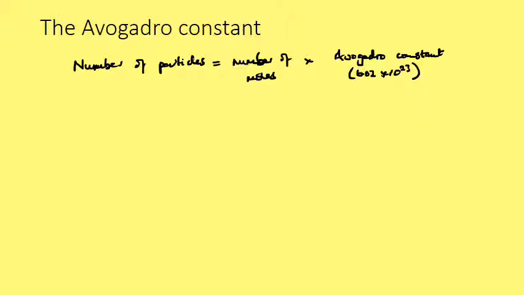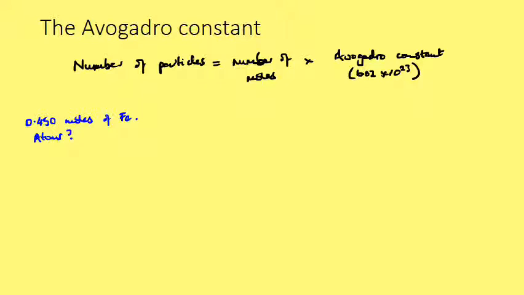Okay, should we do an example? Let's say you had 0.450 moles of pure iron, and the question would be, how many atoms are there? So how many atoms in 0.450 moles of iron? Well, it's quite easy.